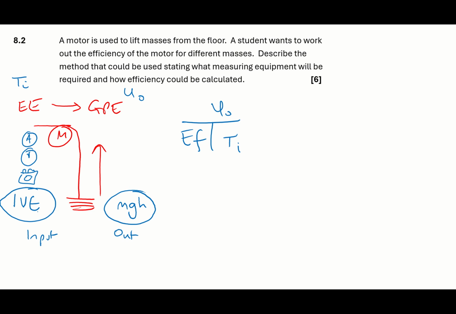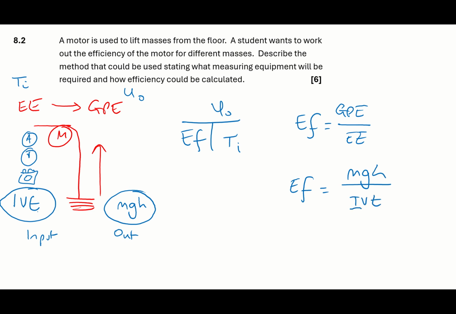So now we can see, well, okay, we've got these here. So in this example now, efficiency is going to equal the useful output. That's my gravitational potential energy divided by my total input, current times voltage times time, which is the electrical energy. So now, if I just substitute these with the formula that make them up, we can see the efficiency equals mGh divided by IVT.